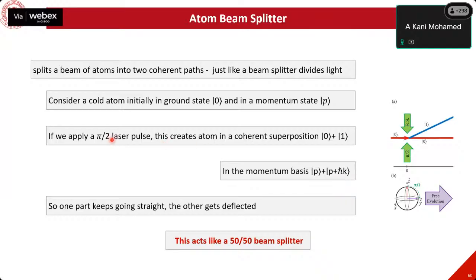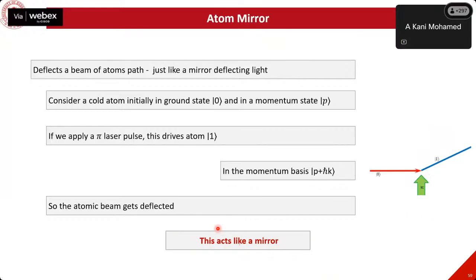So using a pi by 2 pulse, we can split the atoms in a coherent superposition state with equal intensity in both directions. A pi by 2 pulse acts like a 50-50 beam splitter, while a pi pulse acts like a mirror.